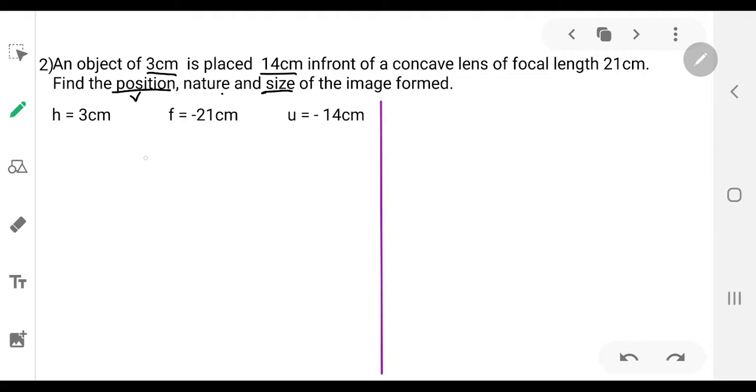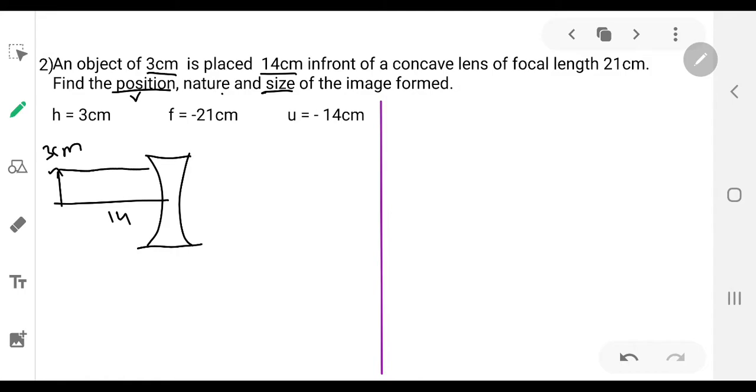What they have given is a concave lens. The object is placed at a distance of 14 centimeter. Object height is 3 centimeter. Light from the object falls on the lens and it gets refracted, and the image formed will be here.